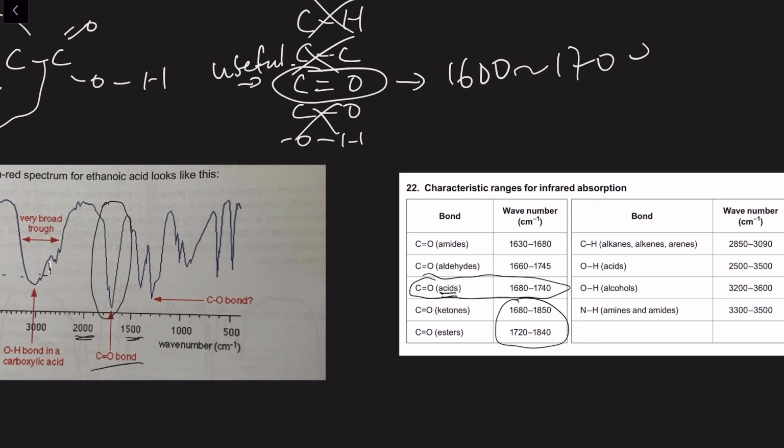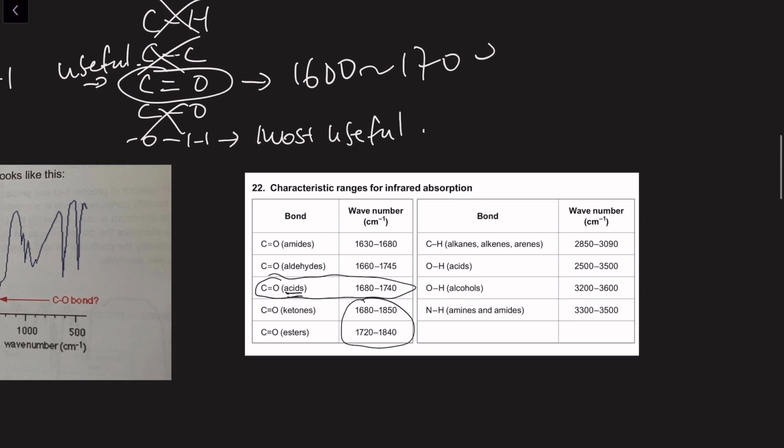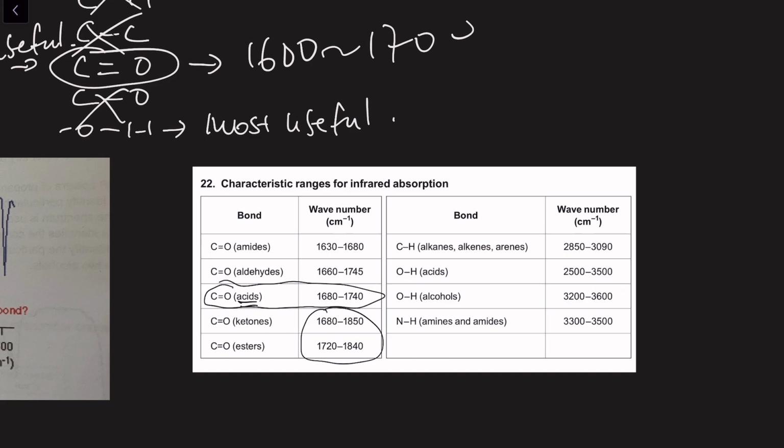And the O-H bond is the most useful one. If you look at the data book, the O-H for acids has a very broad wave number, so it absorbs a broad spectrum of infrared radiation compared to alcohol.